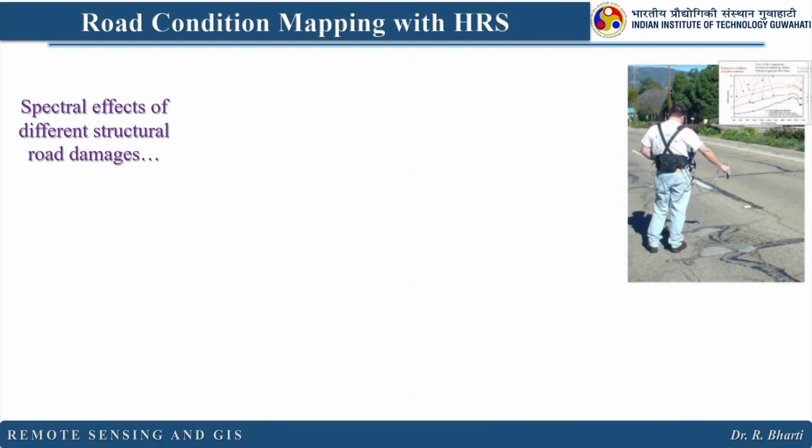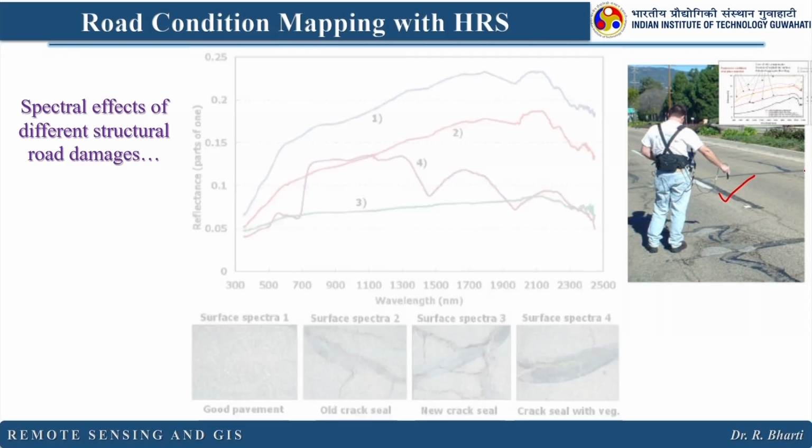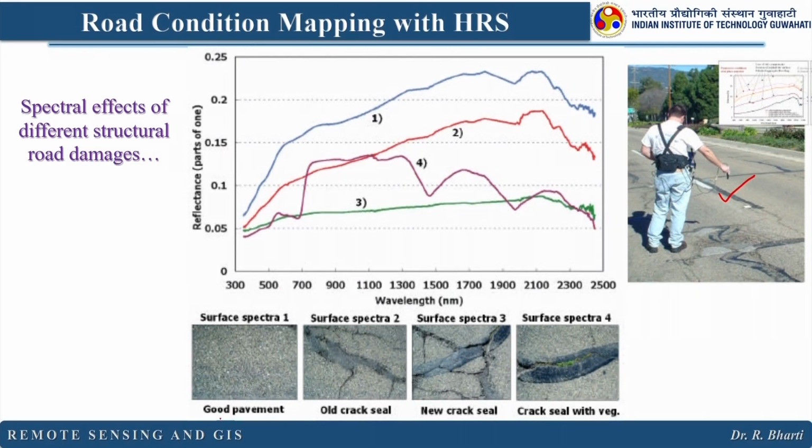Now, let us understand how sensitive these spectral responses are, right. So, you can see here this gentleman is capturing the spectral behavior of this particular area or this particular road. So, you can see he has used good pavement, old crack seal, new crack seal and crack seal with vegetation, right, and for all of them he has produced this spectra.